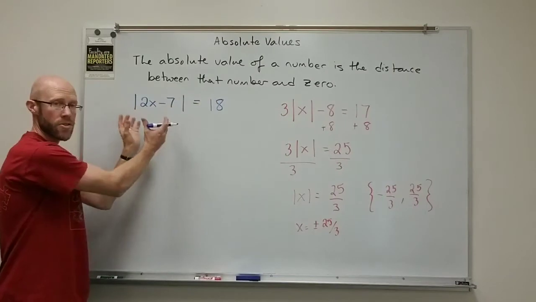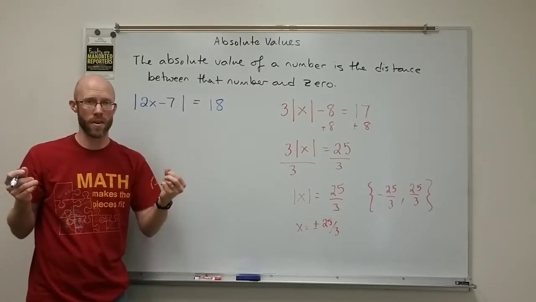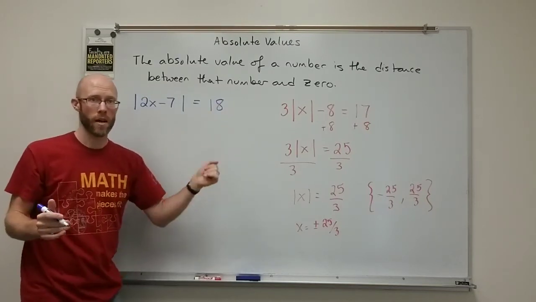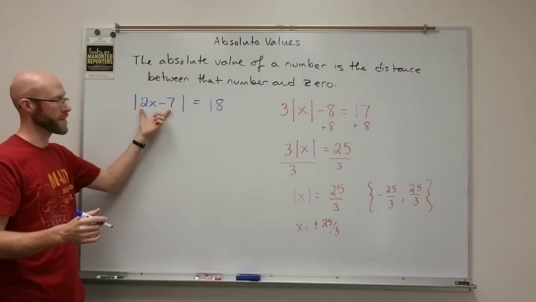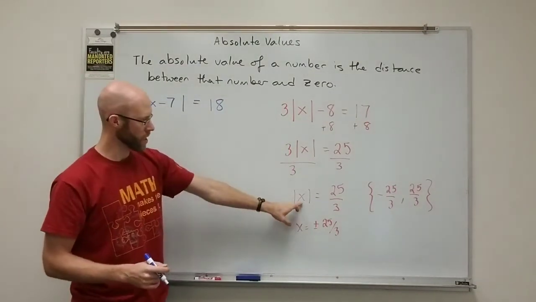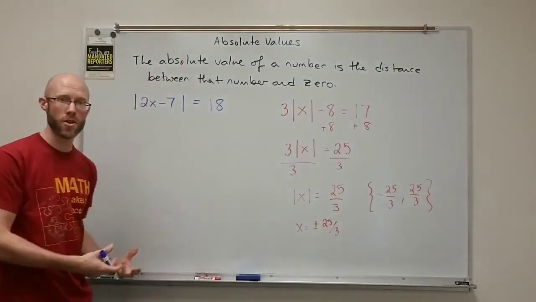So whatever's inside has to be equal to either negative 18 or positive 18 in order for the absolute value of it to be 18. And so for that reason, the stuff on the inside has to be equal, just like we did here, to positive or negative the other side of this equation.